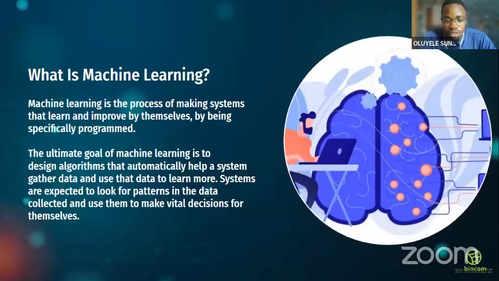So what we are saying is that the data given to this computer are supposed to be used to look for things that are close, things that can be connected together, to make future predictions. That is what machine learning is all about.